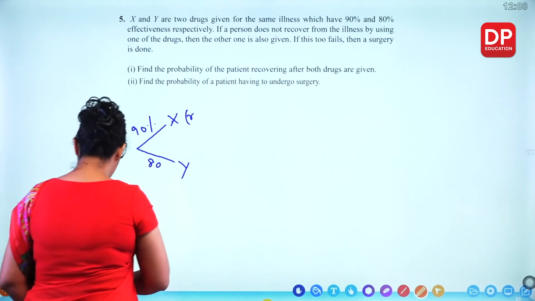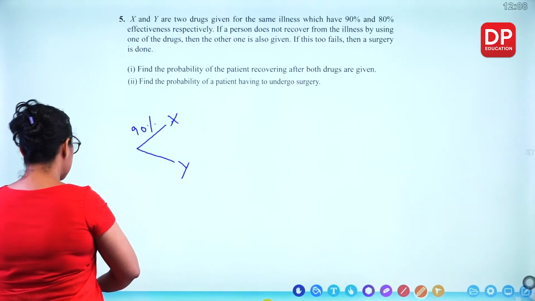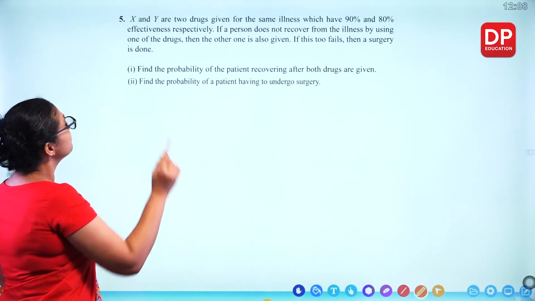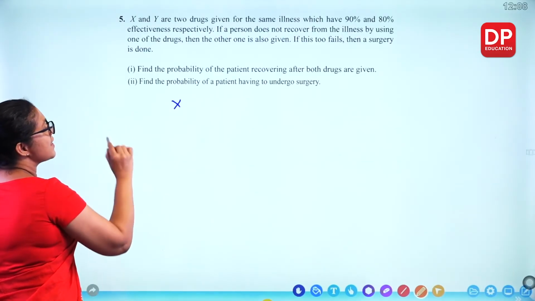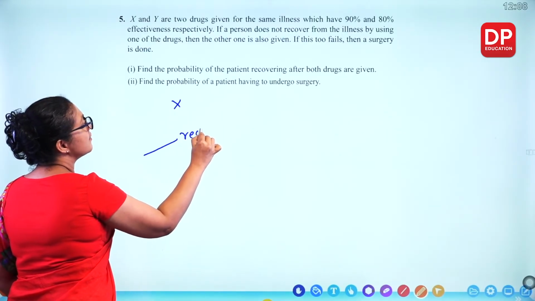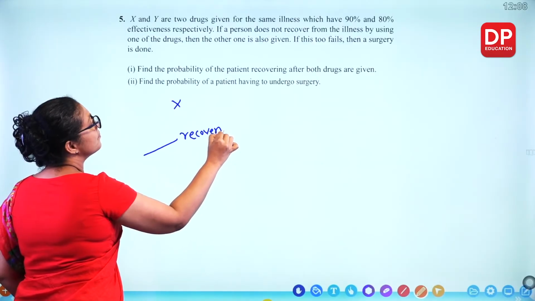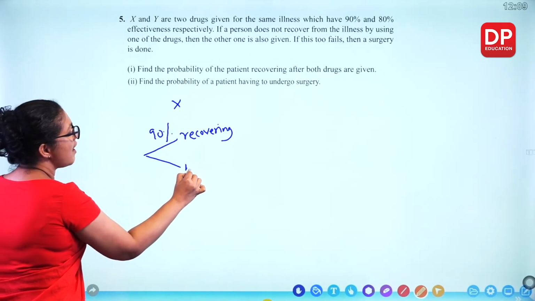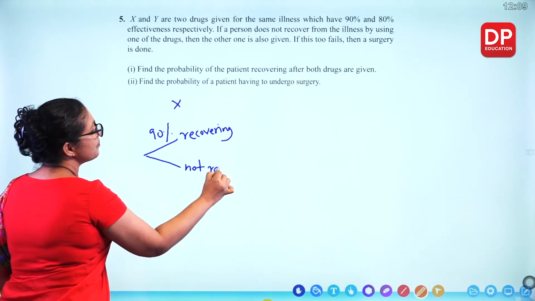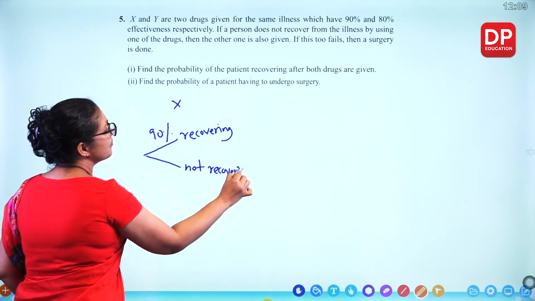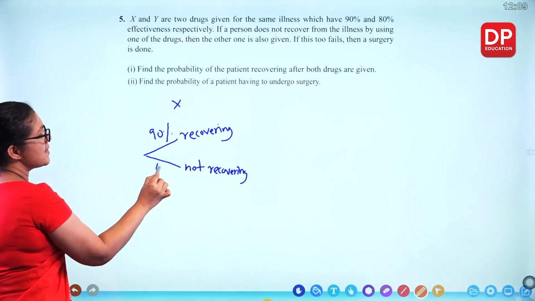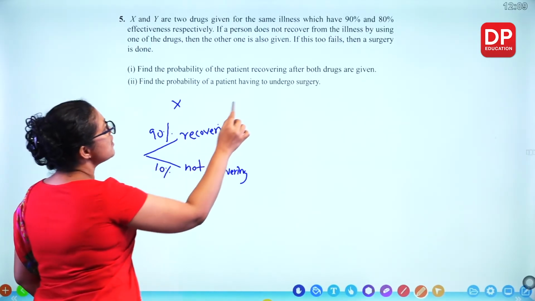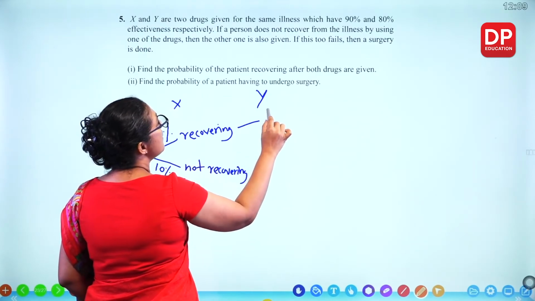So I'll take this as. So if you take X recovering is 90%. So what is not recovering? Is 10%. 100 minus 90.